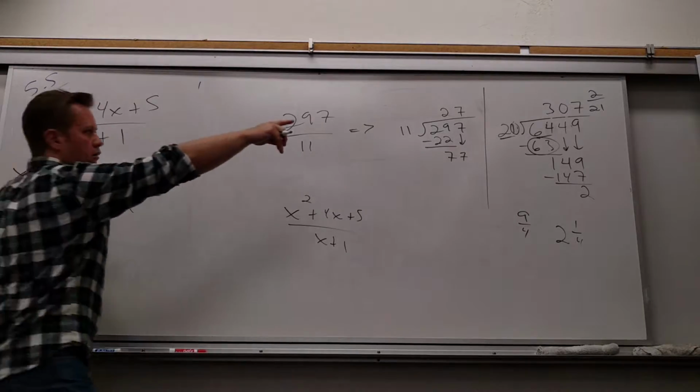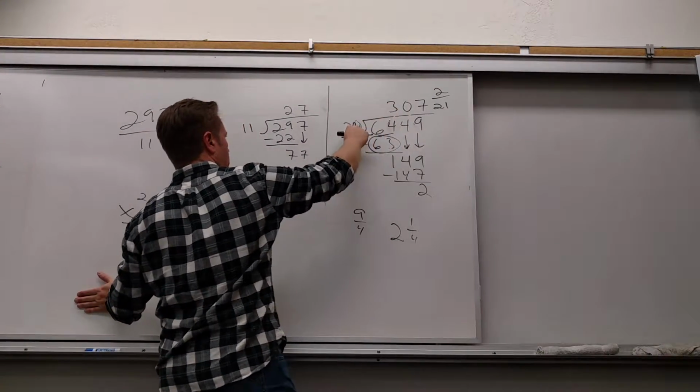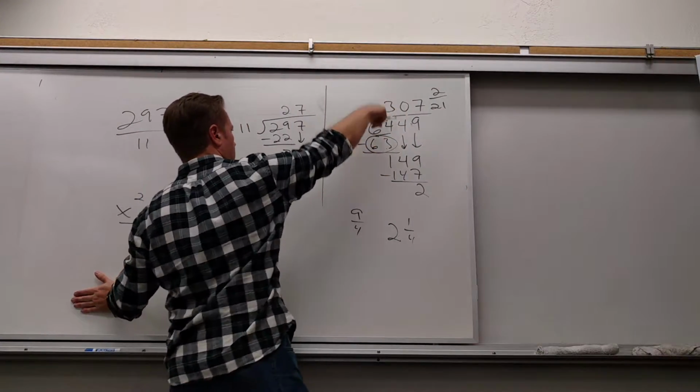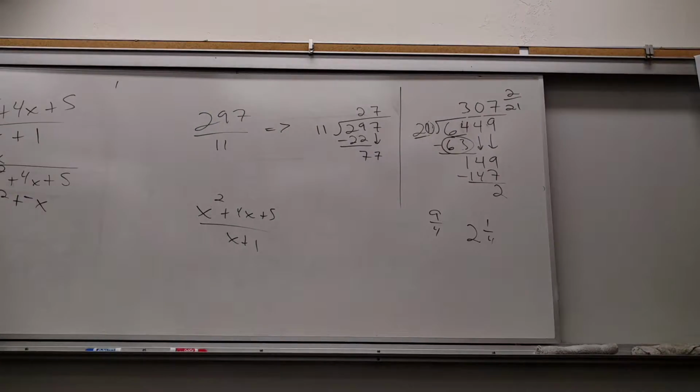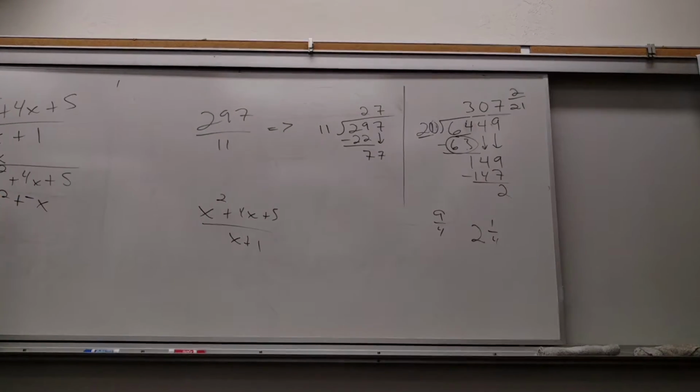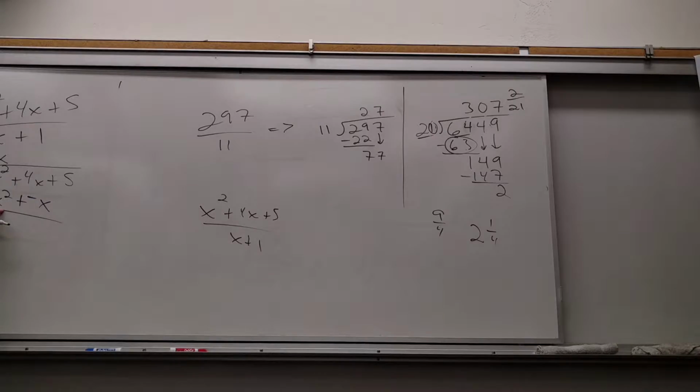Because what did we do here? We did 3 times 21, 63. Change the sign, add. X times that is this. Change the sign, add. What's x squared minus x squared? Nothing. What's 4x minus x? 3x. And then I bring down the plus 5.